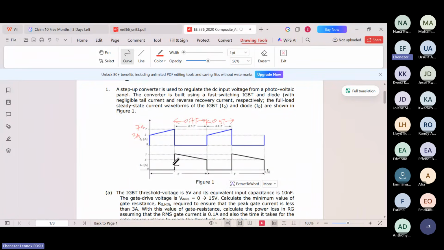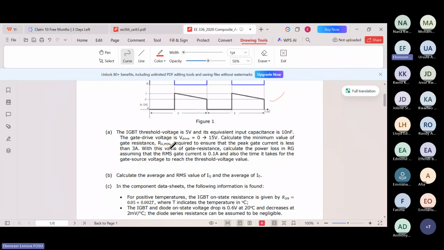This waveform is for the IGBT, and this waveform is for the diode. Please take note of the waveform so you can draw it or write out the values. Similarly, the minimum current here is 3 amps and the maximum is 7 amps. That is the preamble we are giving. Take note of the waveform, we'll come back to them.